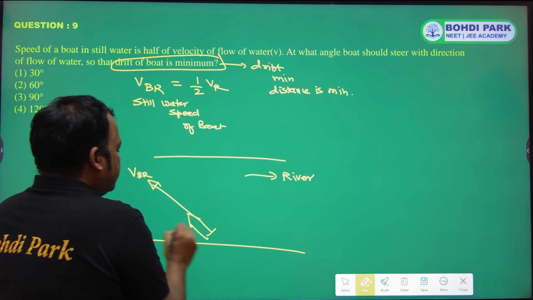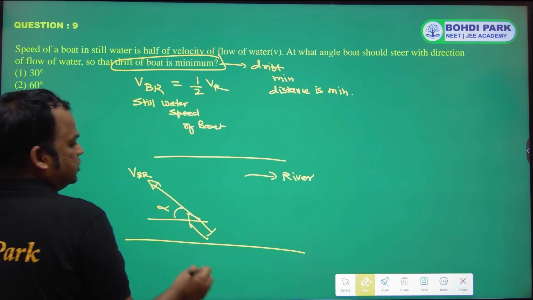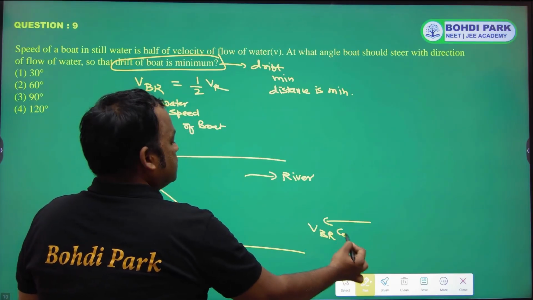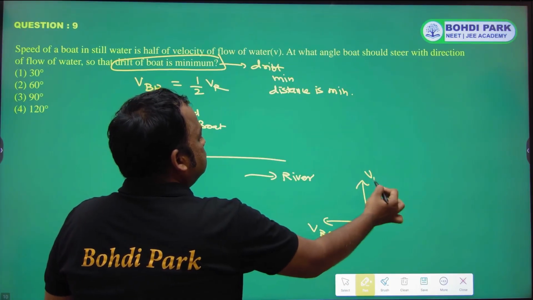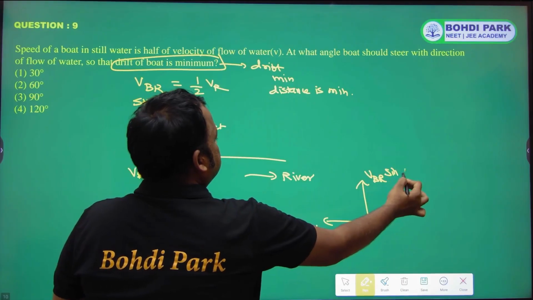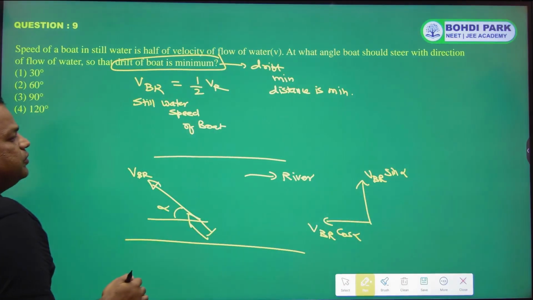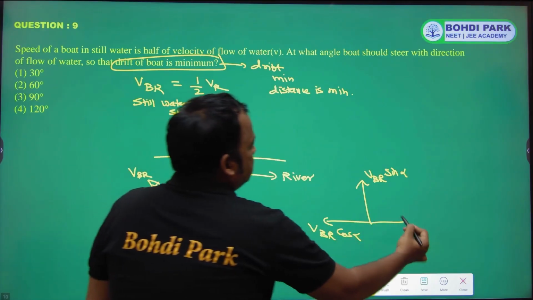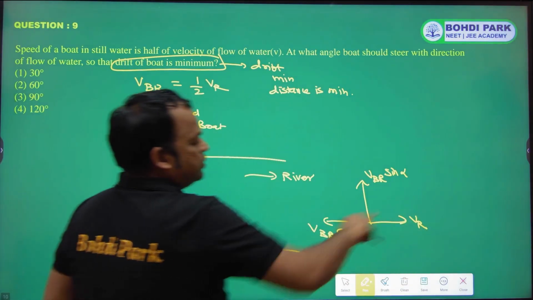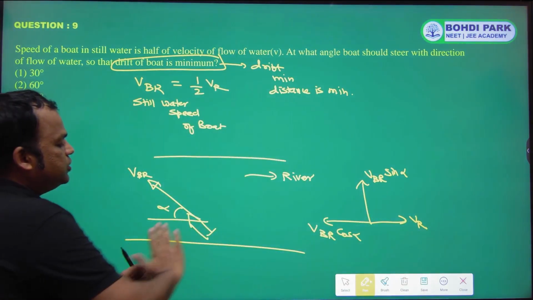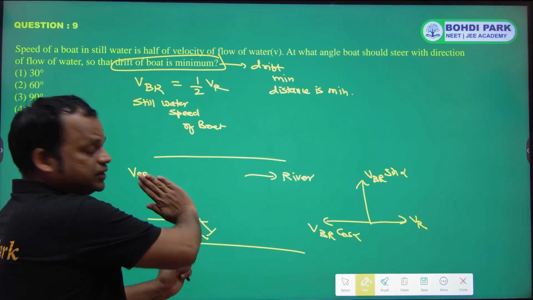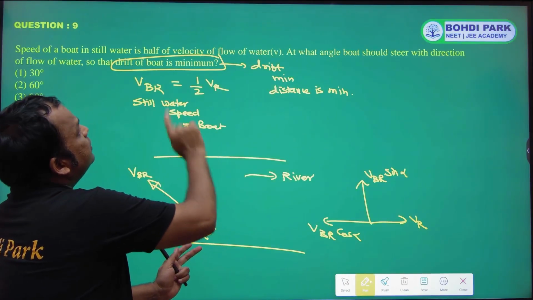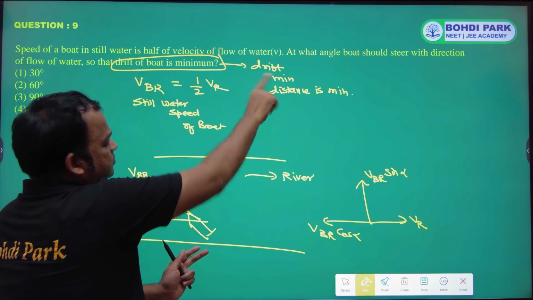So we have this angle alpha. So the components, this is VBR cos alpha, perpendicular to river is VBR sin alpha, and river velocity is VR. Okay, so the boat is pointing like this, but it is going perpendicular to river, to have minimum drift.